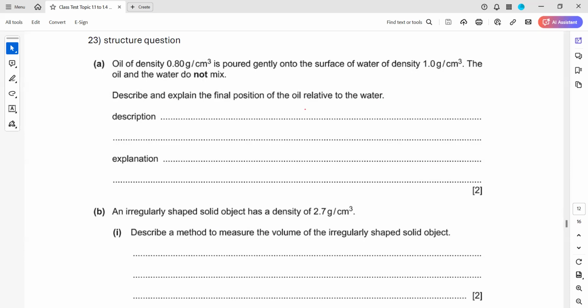So the oil will be at the top and the water will be at the bottom. And why? The explanation: because the density of oil is less than water. And the reason is that the density of water is greater than oil, or the opposite you can also say.